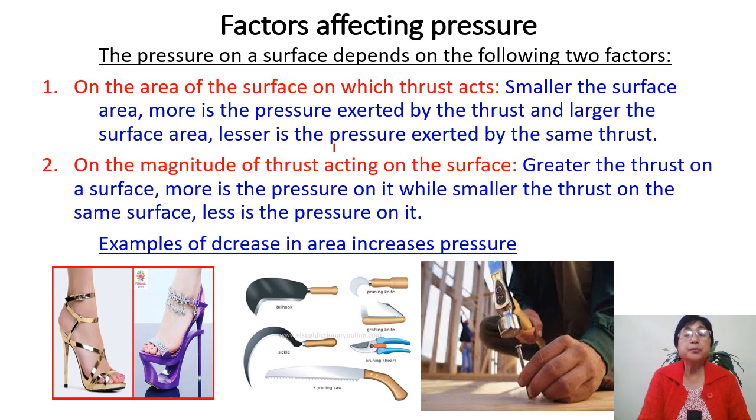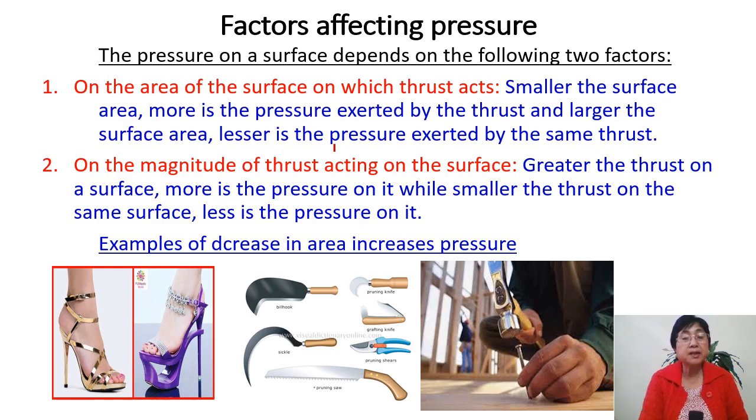So it's very important to remember this factor. Then 2, on the magnitude of thrust acting on the surface. Greater the thrust on the surface, more is the pressure on it. While smaller the thrust on the same surface, less is the pressure on it. Okay? Now, let's have a look at some of these examples which I have given here.